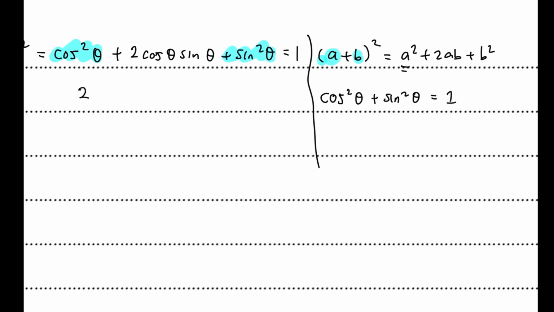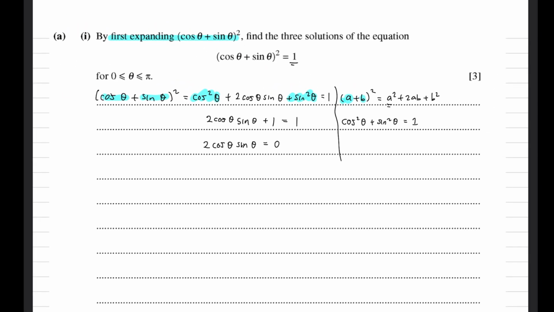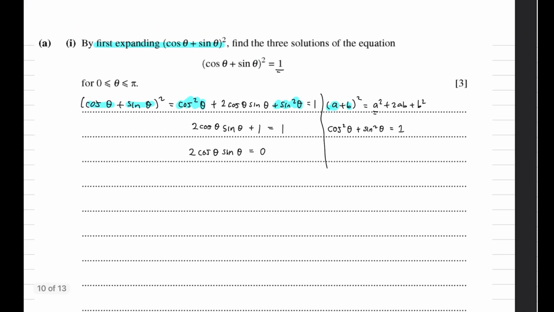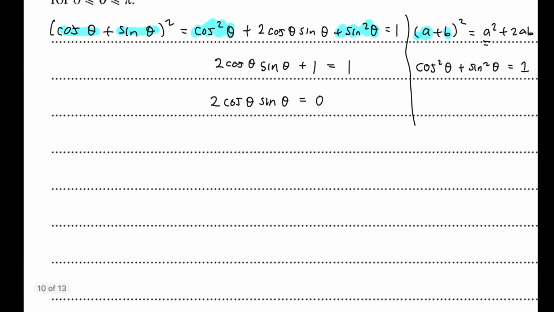So you will get 2 cos theta sin theta plus 1 equals 1. So now we have 2 cos theta sin theta equals 0. Now, the next question is how do we solve for theta?